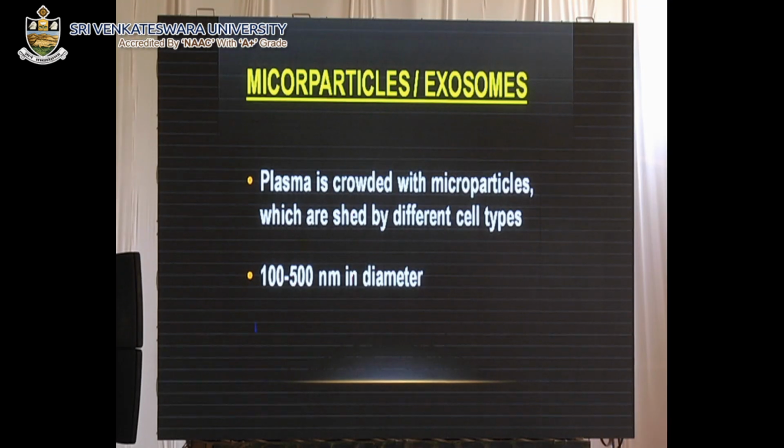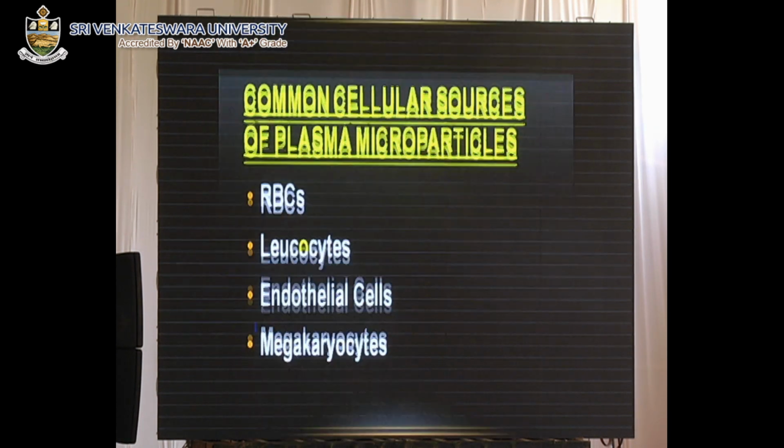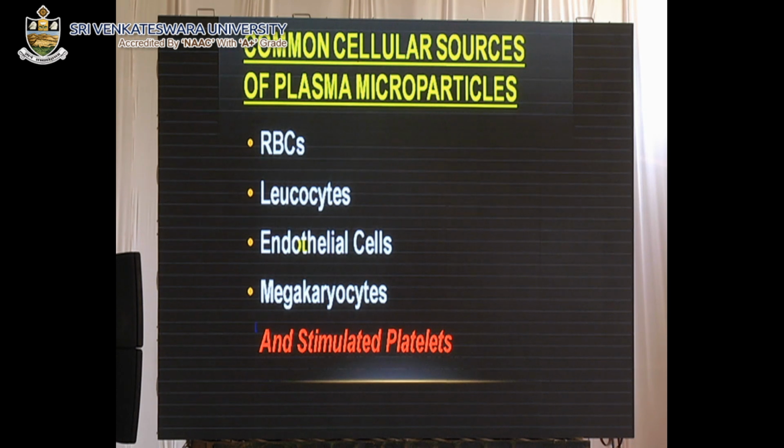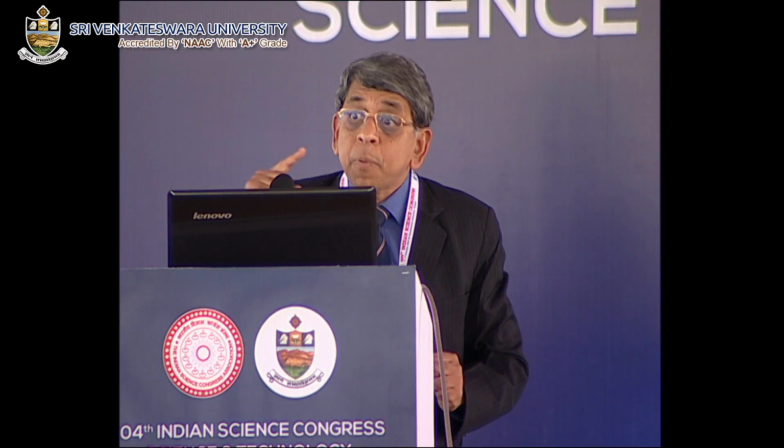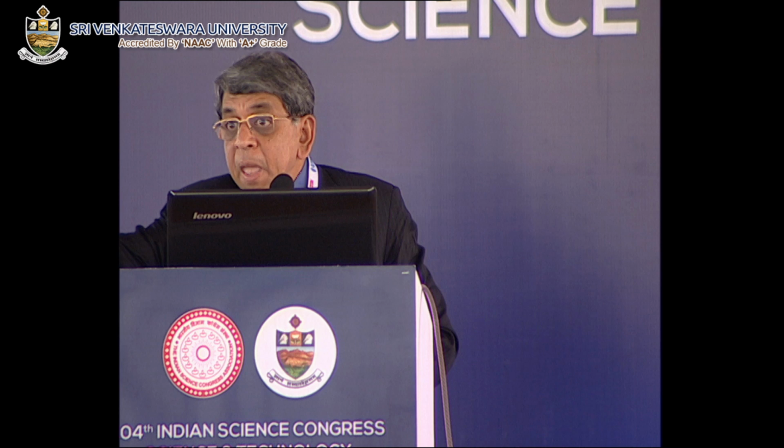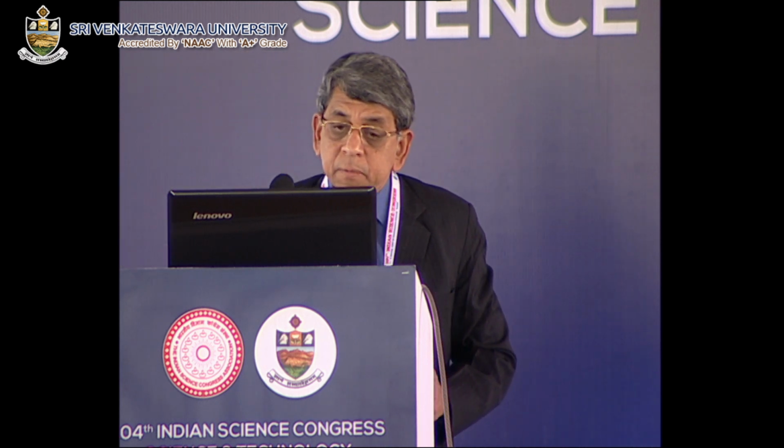As I told you, our blood is crowded with microparticles from different cells, not only from platelets. For example, they can be from RBC, leukocytes, endothelial cells, whatever cells, even cancer cells. Our blood is flooded with these small particles. And also, if platelets are stimulated, they will shed these microparticles.